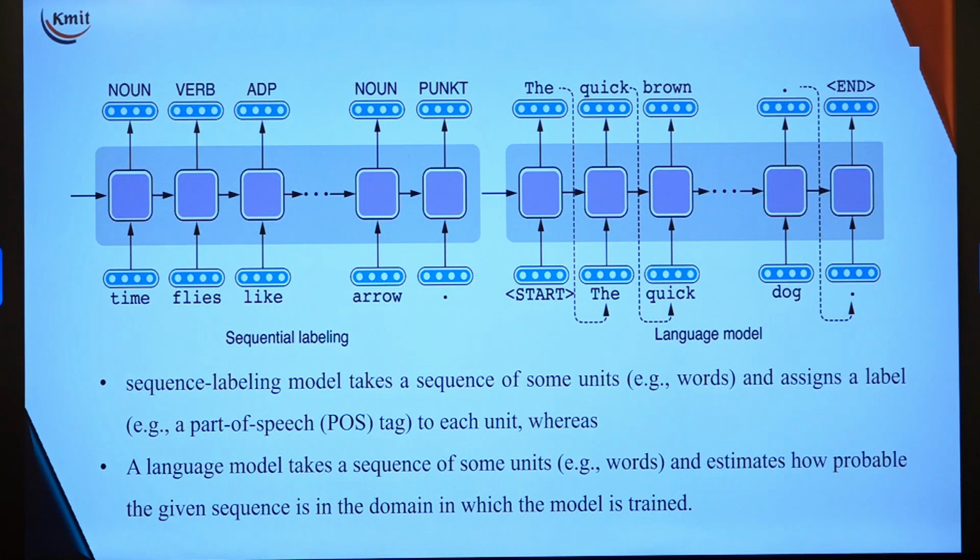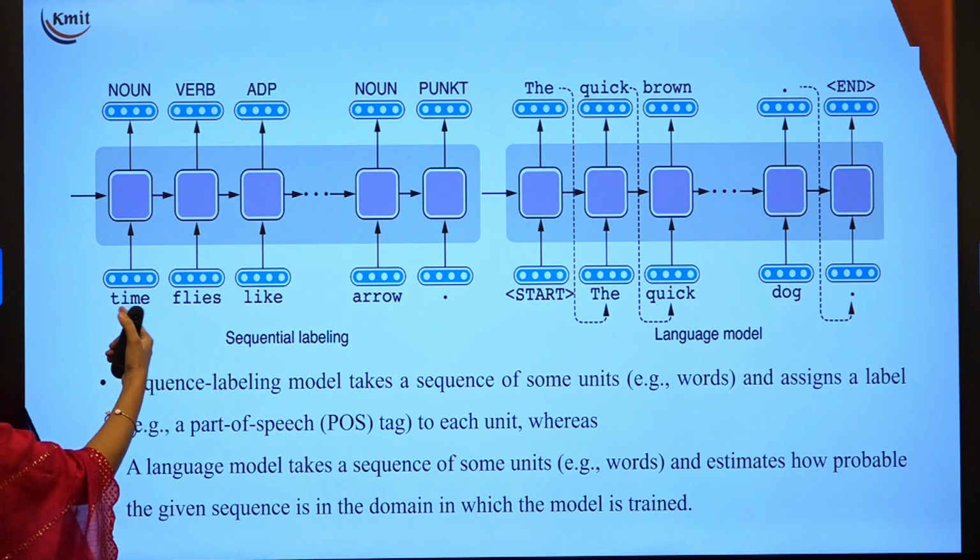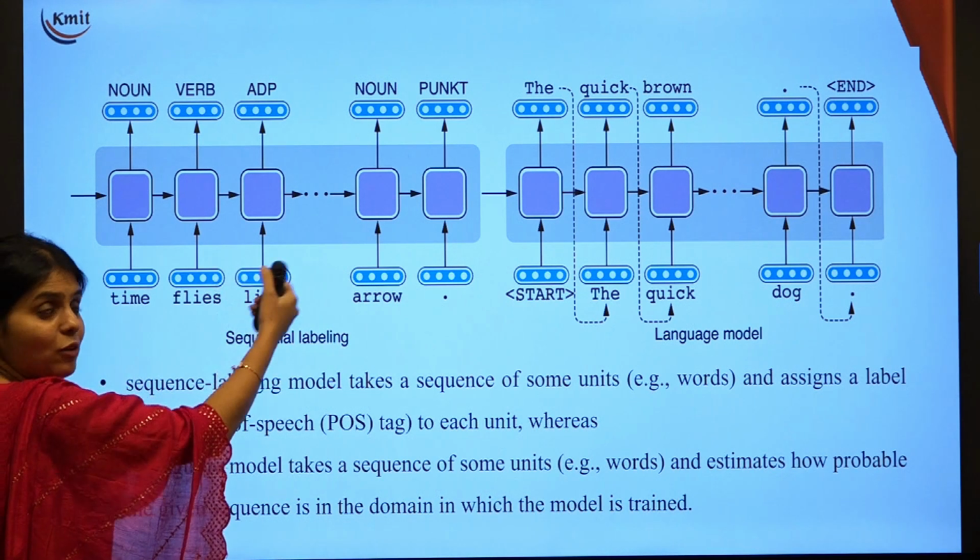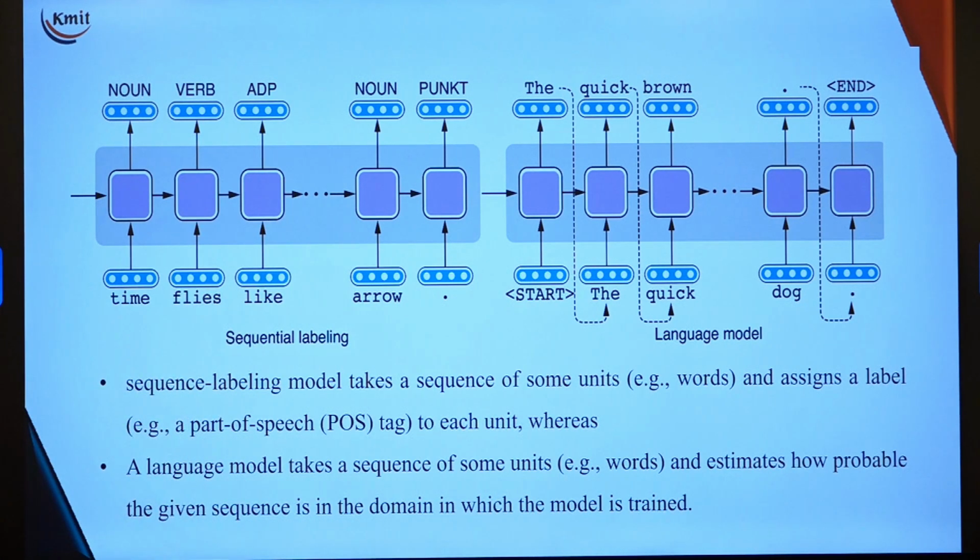Because they can produce only the same number of output labels as there are input tokens. With sequential labeling, if I have 10 words, I get 10 POS tags, so the tokens are the same as in the input sentence. This is obviously too limiting for translation, because in translation the input sequence may differ from the output. One expression in one language would be different in another. For example, in French we say hola, right?